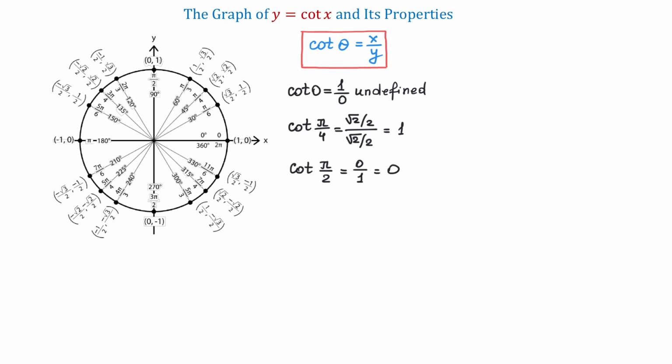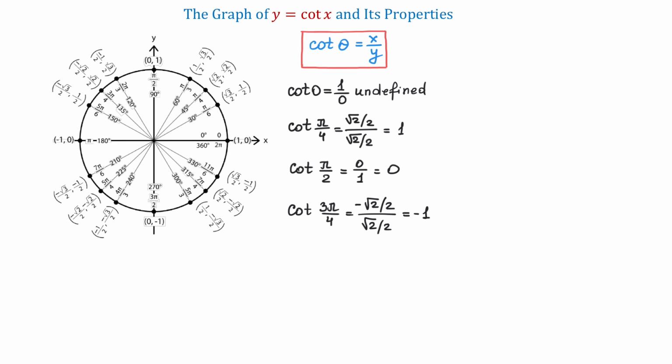Now in quadrant 2 at 3 pi over 4, negative square root of 2 over 2 divided by positive square root of 2 over 2 equals negative 1. So we will write that cotangent of 3 pi over 4 equals negative square root of 2 over 2 divided by positive square root of 2 over 2, which makes negative 1.